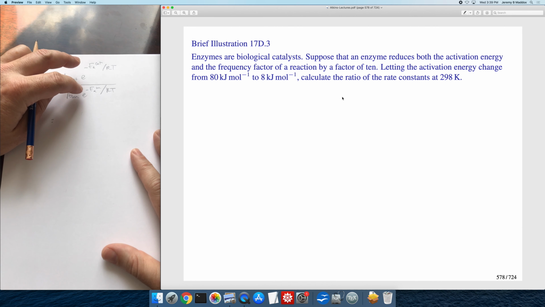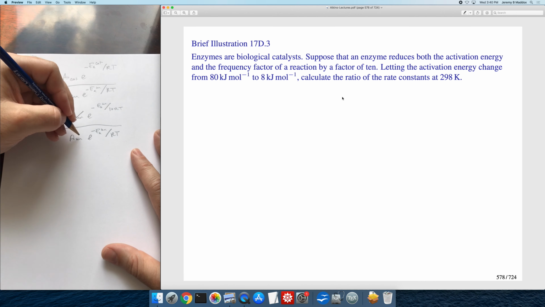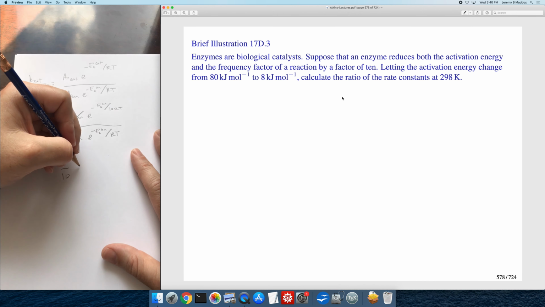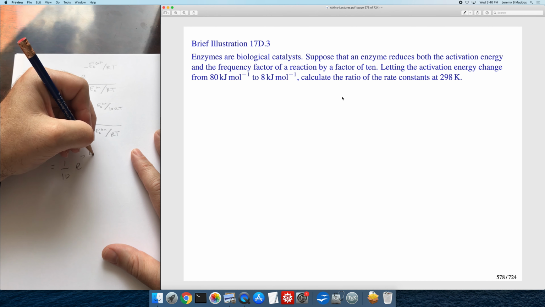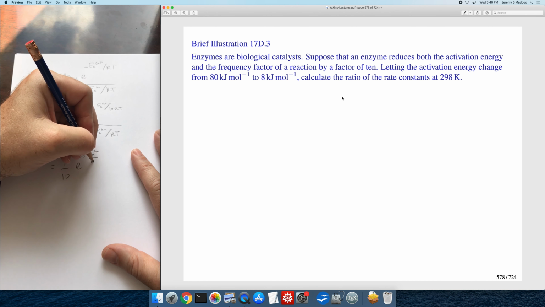And this will be e to the minus EA uncatalyzed, divided now by 10 RT. Okay, so the A's cancel. We get this 1 over 10 out in front, and then we're going to have EA uncatalyzed over RT out in front, and then it'll be 1 over 10 minus 1, I believe. Yep.